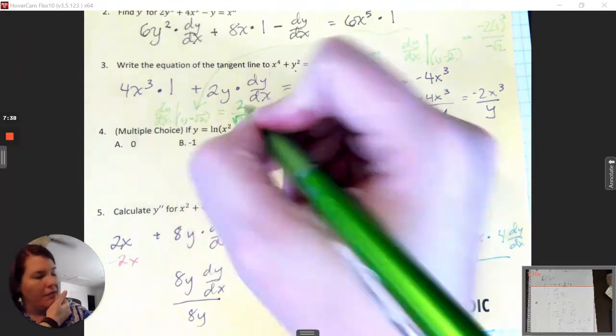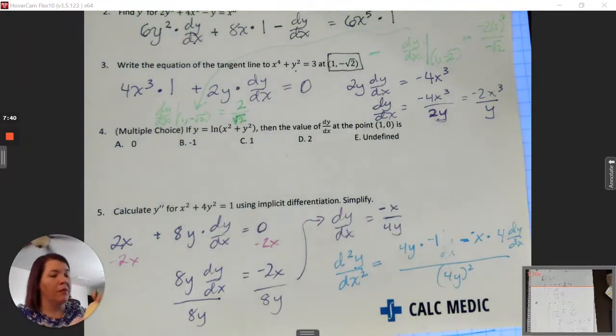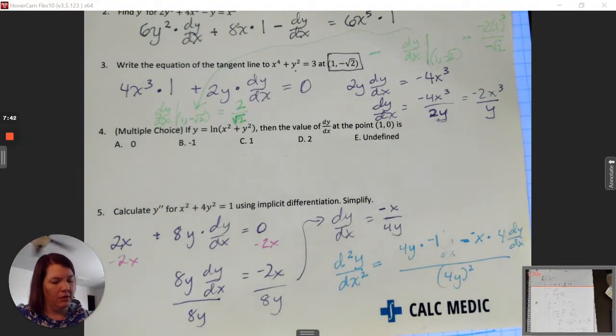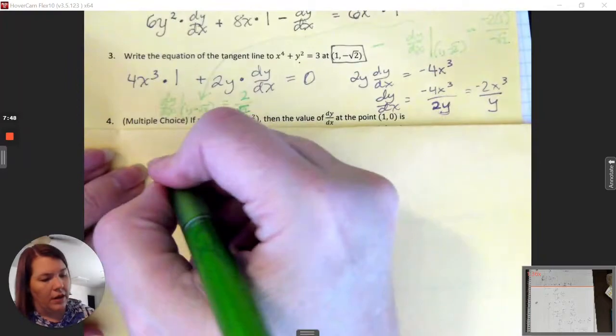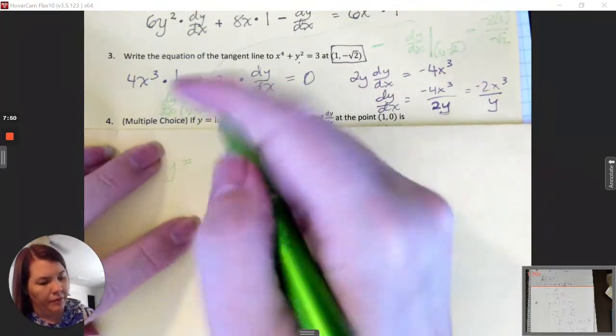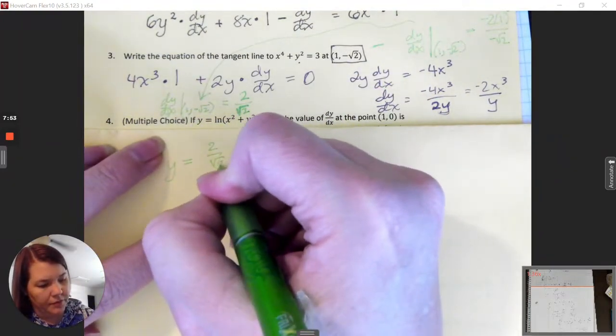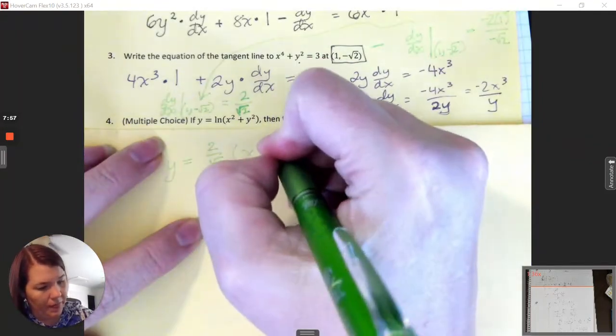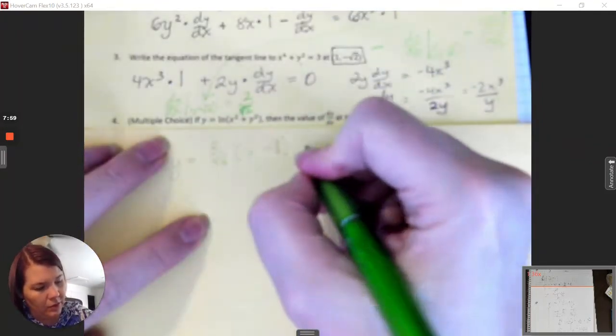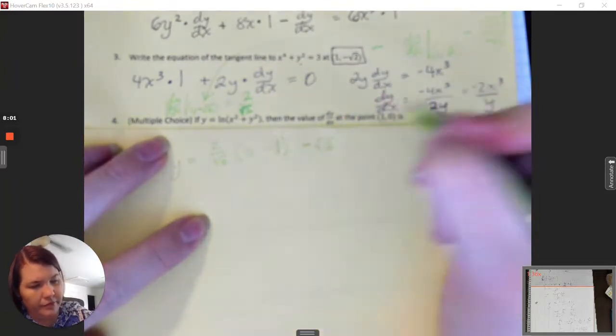So now that I have that, I'm writing the equation of my tangent line. And so I need y equals m, 2 over radical 2, times x minus the x coordinate plus the y coordinate, and I'm finished.